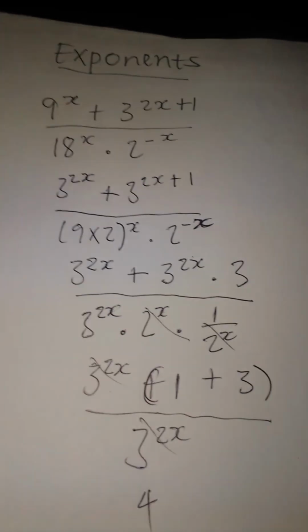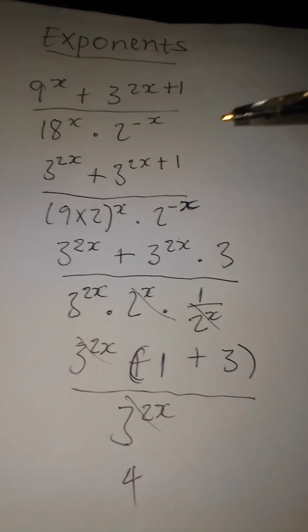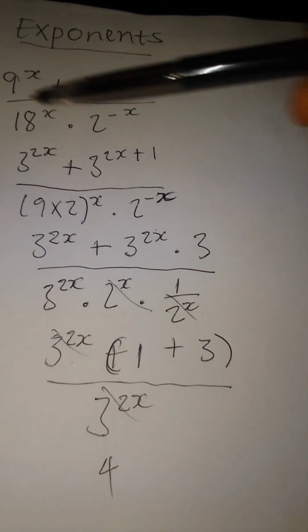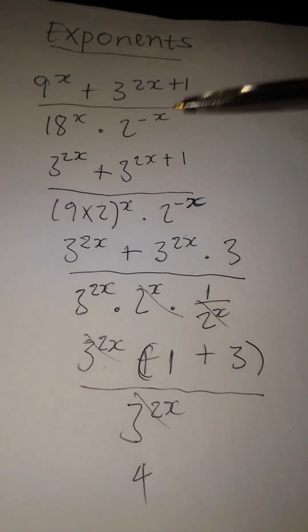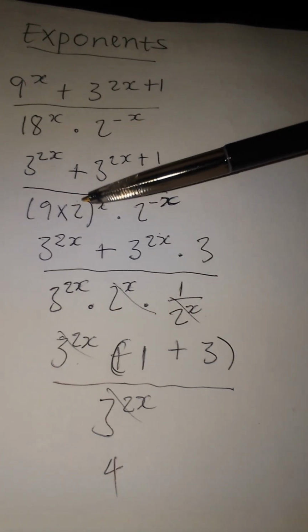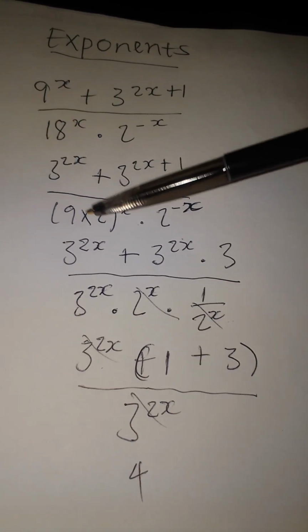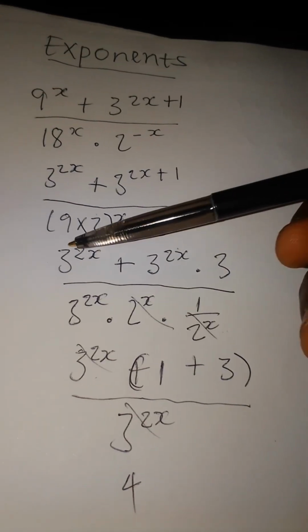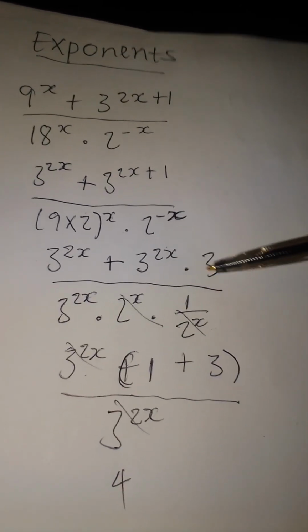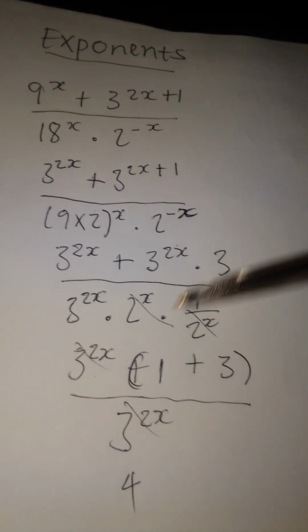So, a revision of this. We first convert the 9 to the power x to 3 to the power of 2x, and then we also convert 18 to 9 times 2, which is the same thing. Now I end up having this, so I take out a common factor here.